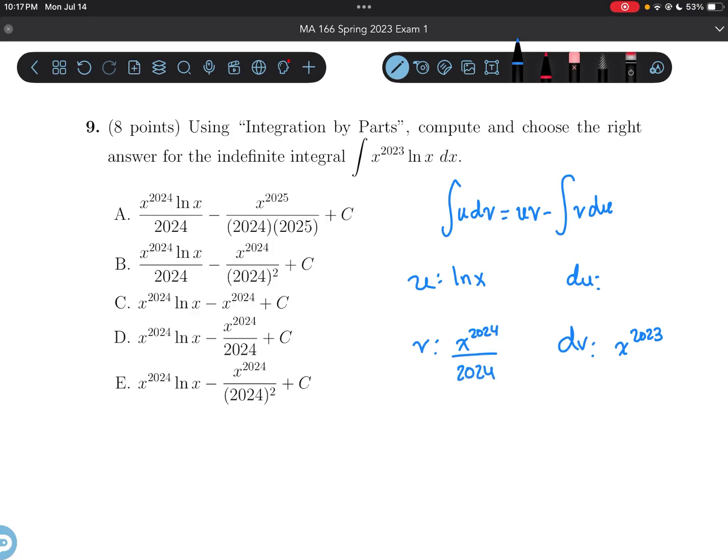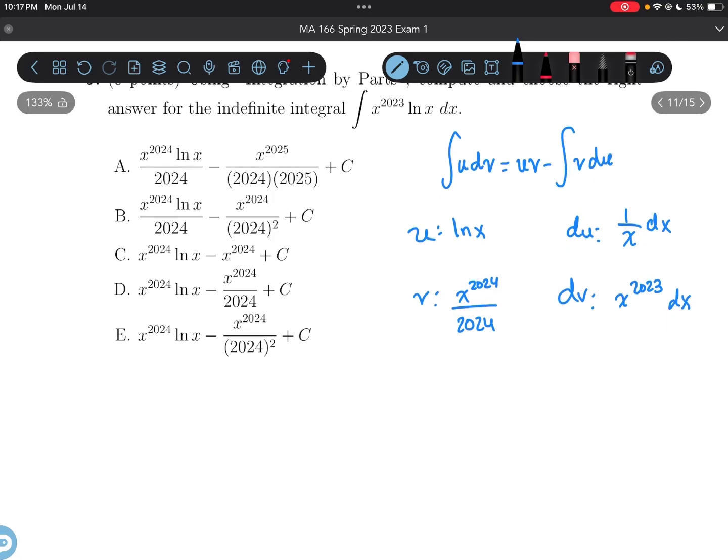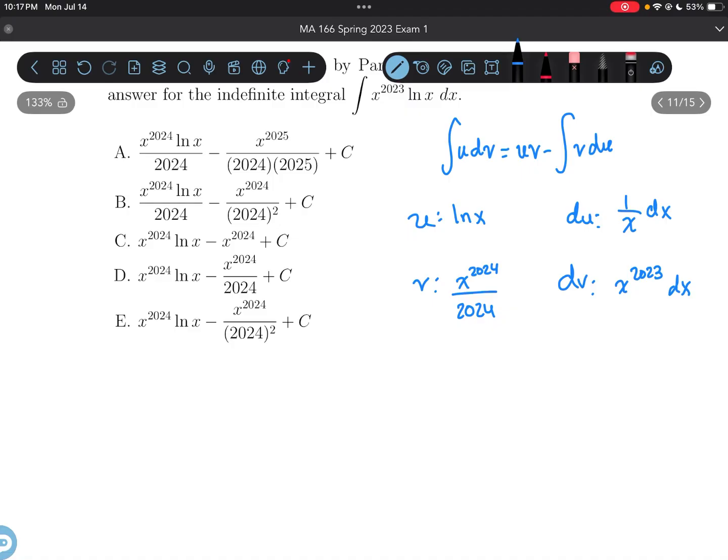So that means v would be x to the power of 2024 divided by 2024. And du is 1 over x dx. Okay, so now I just plug everything in. u times v is natural log of x times x to the power of 2024 divided by 2024.